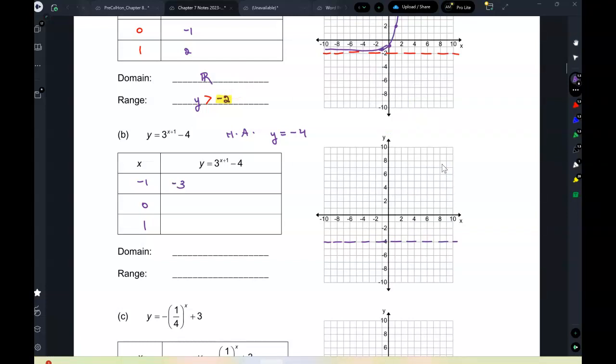For 0, it's -1, and 1 is 5, right? You should always pick x equals 0 because that's the y-intercept and you want to have that number. So -1, -3; 0, -1; 1, 5.